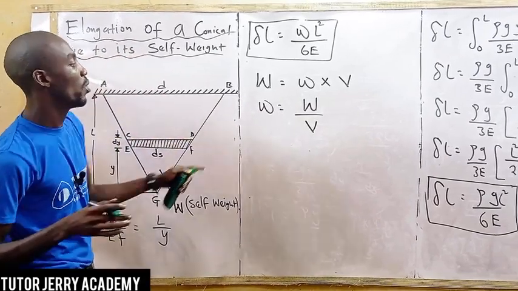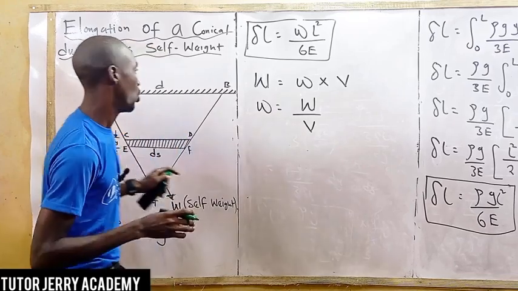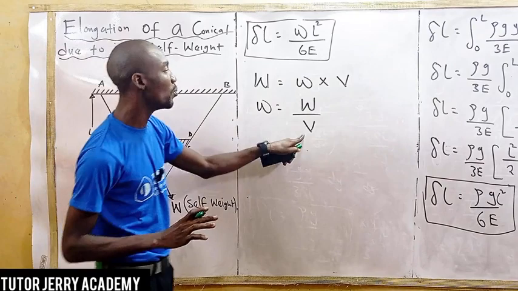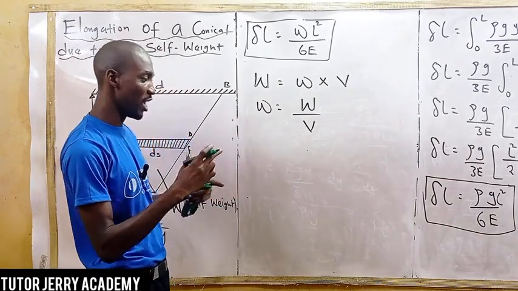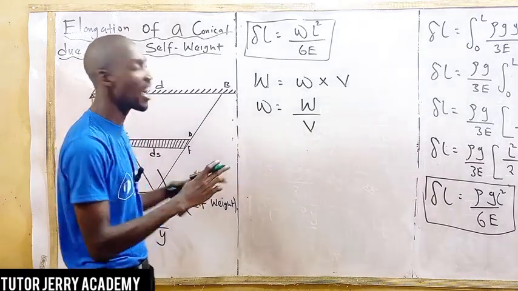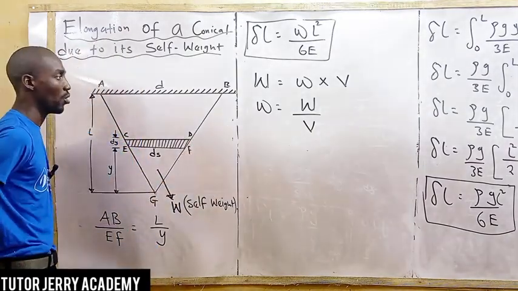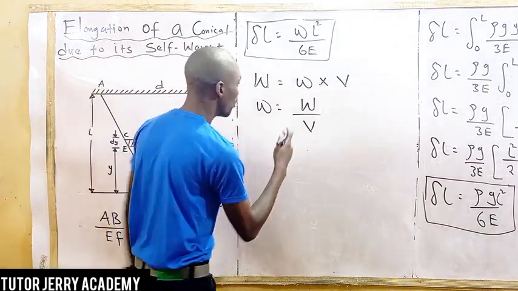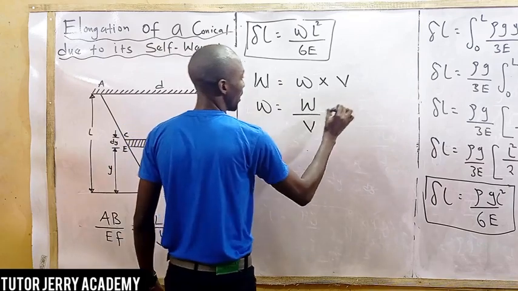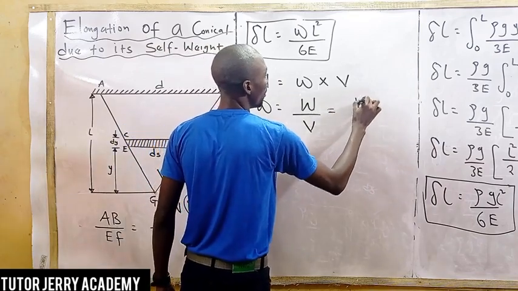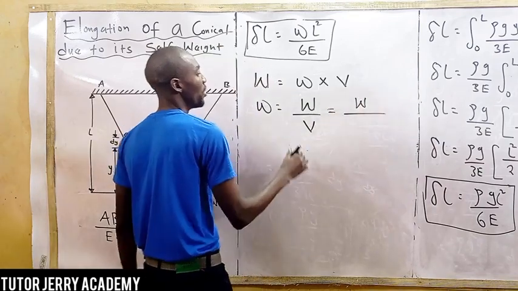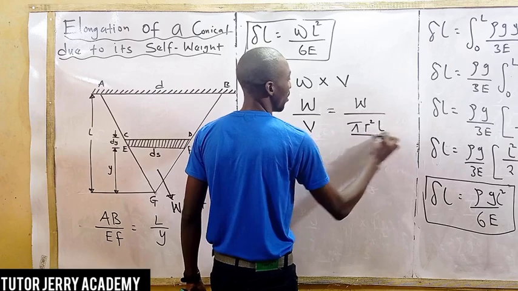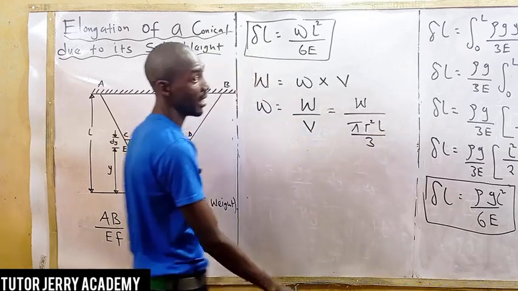Now we want to write the volume. We want to consider the whole cone. So we want to write the volume in form of the area of the base of this cone. But we know that the volume is nothing but pi R square L all over 3, right?